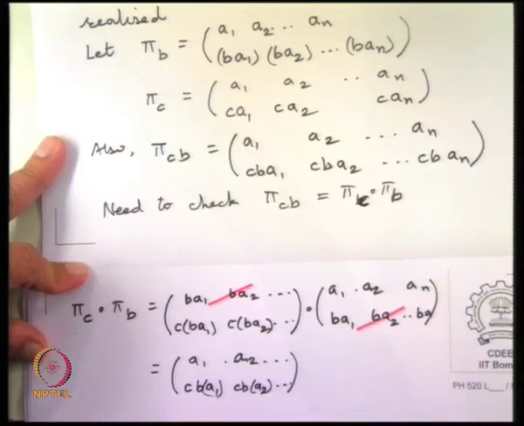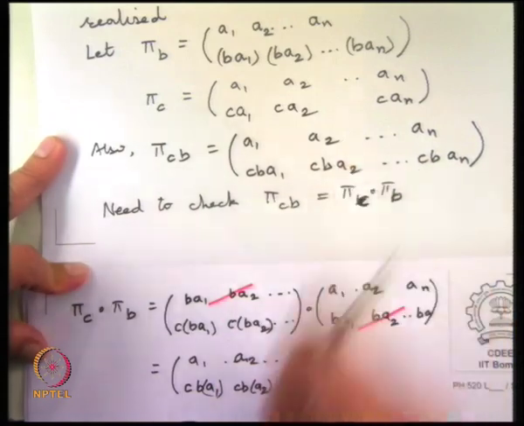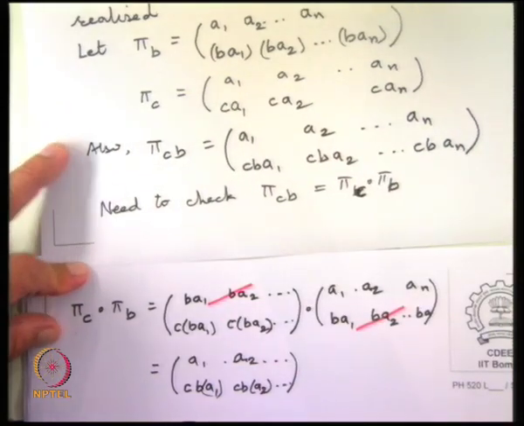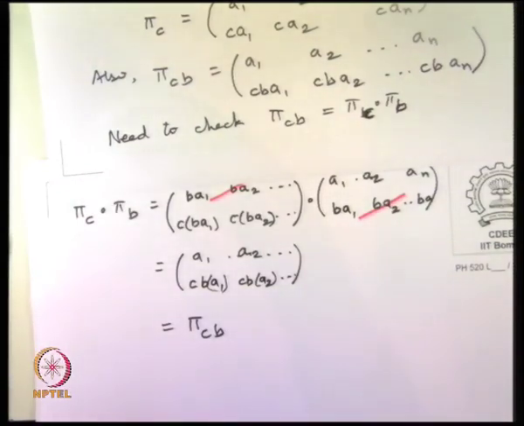So this is same as our pi CB, right? It's exactly the same thing. So one can reproduce the entire group property of any finite group by realizing it as a set of permutations and then carrying out multiplications as you would do for any permutation.